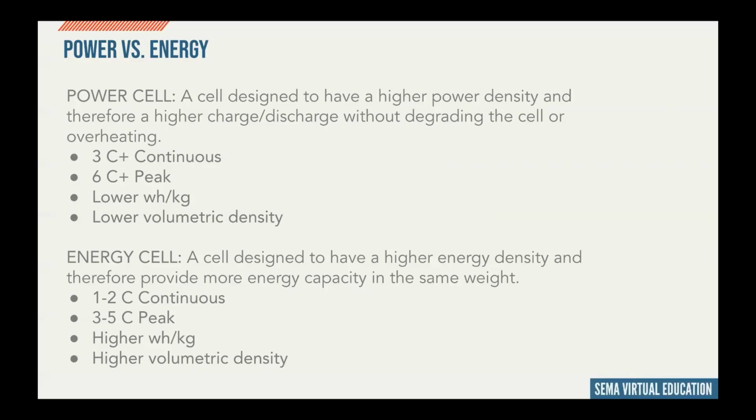A power cell will have a 3C continuous or more rating with a 6C or more peak. Again, the C rating is just the discharge rating of the cell, so the 3 and the 6 would be multiples of its amp hour capacity. If it's a 50 amp hour capacity, the continuous discharge would be 150 amps, and the peak would be 300 amps.